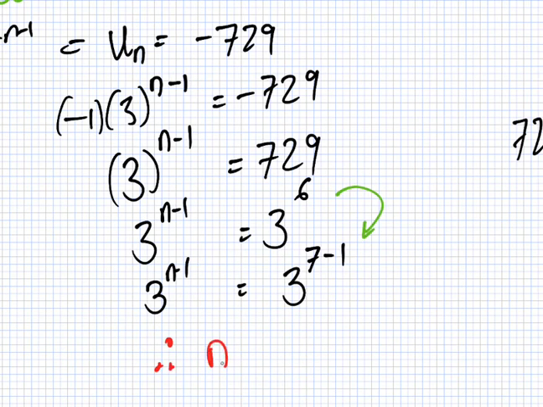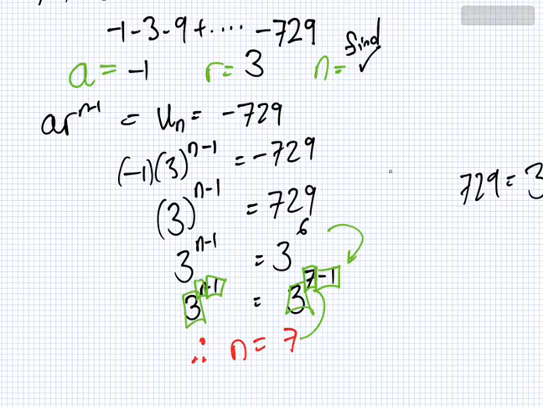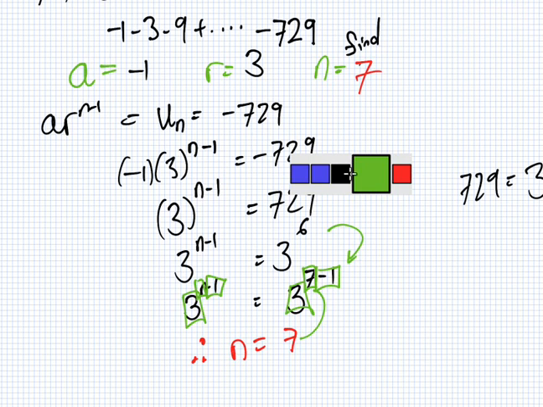Therefore, what must the n be? 7. Because if you look, it's the same. 3 power n minus 1. So the n is the 7. Now we're not finished because that just lets us get this piece here. N is now 7. So now I can finish it.